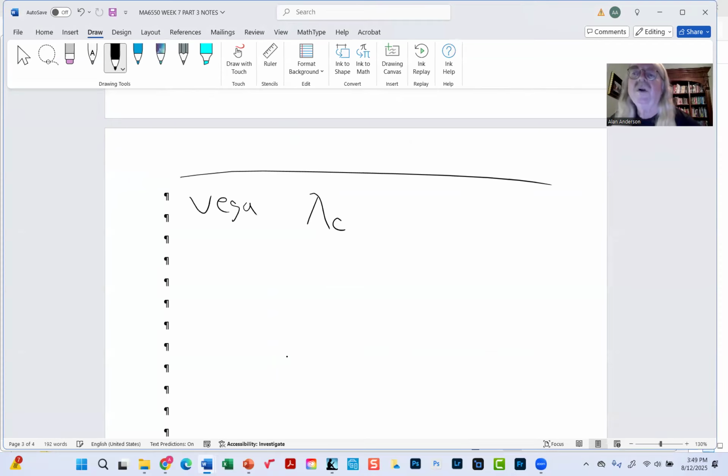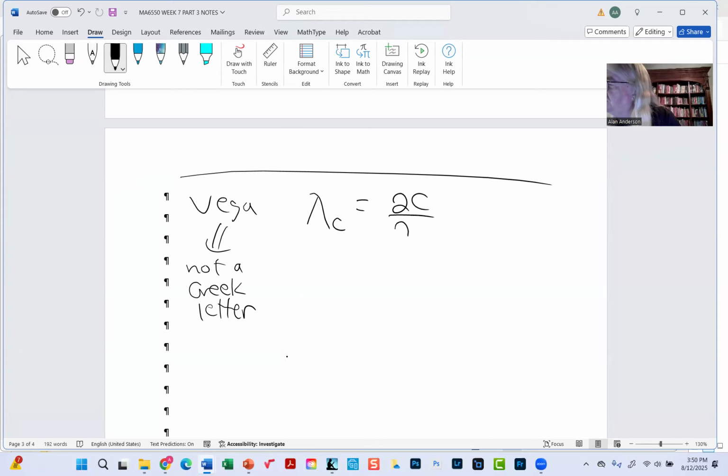So in other words, even though we know perfectly well there's a lambda, we often see this used to represent Vega. Vega is not a Greek letter. It's actually a star in the constellation Lyra. So I think somebody must have chosen it just because it sounded cool and it started with V. But it's the sensitivity with respect to volatility.